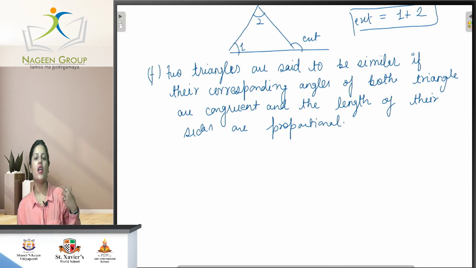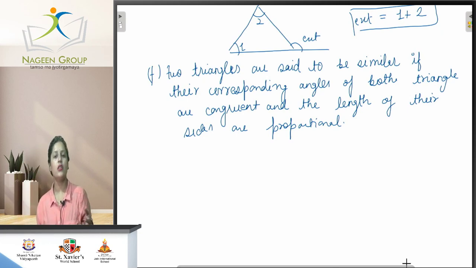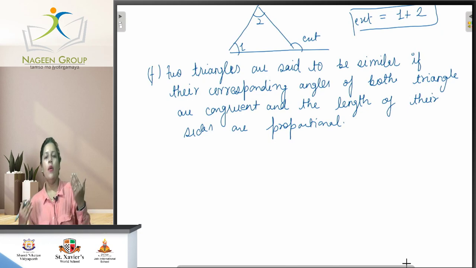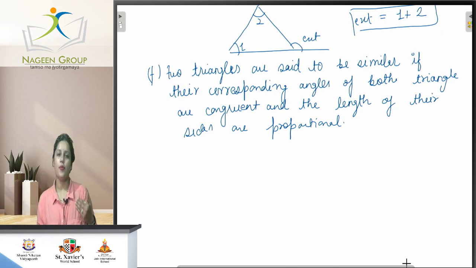Means triangles are said to be similar if their corresponding angles are congruent, means the same, but the sides are proportional.